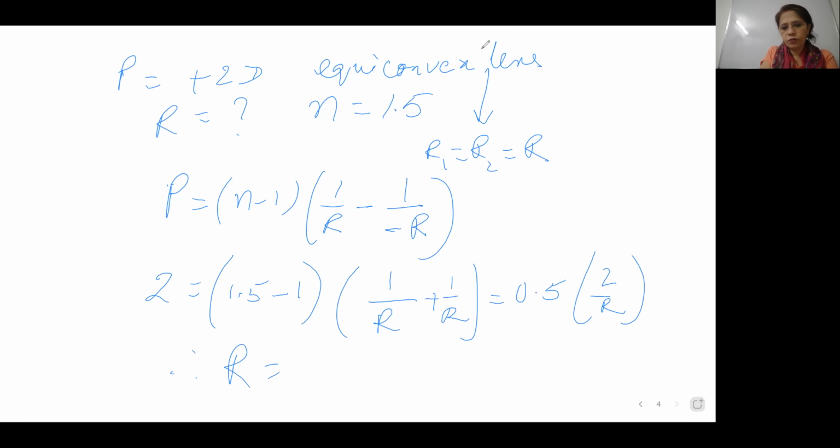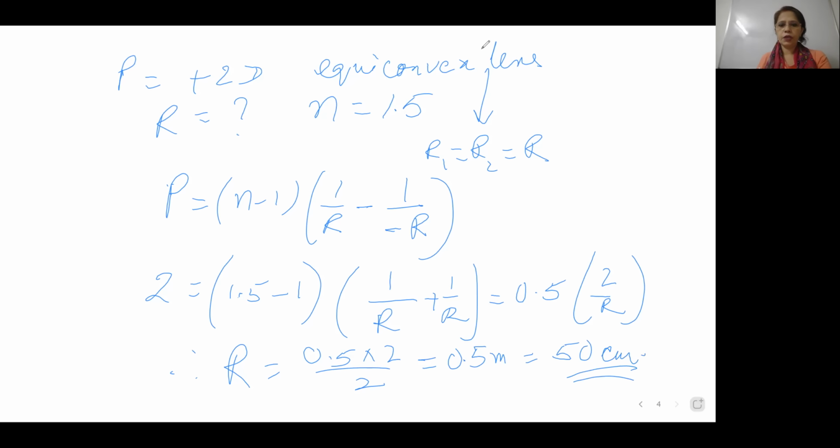R will be equal to 0.5 into 2 upon 2. So this becomes 0.5 meter, which is equal to 50 centimeters. So this is your answer.